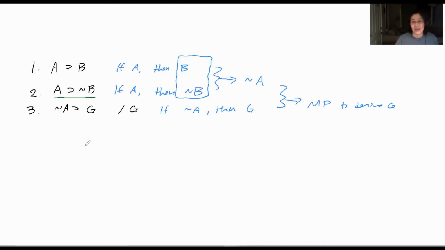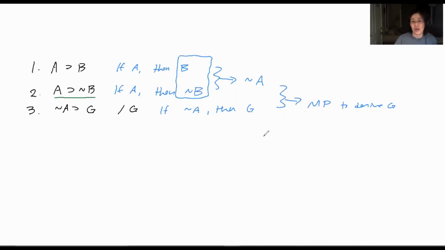Strategy number 3 is actually an advanced case of indirect proof, but it shows up very naturally here because of the reasoning that we did at this stage. We know that if we were to assume A for indirect proof, we would be able to derive a contradiction and therefore derive not A using IP.